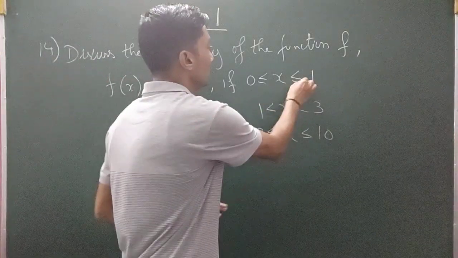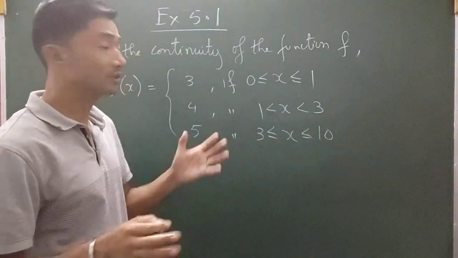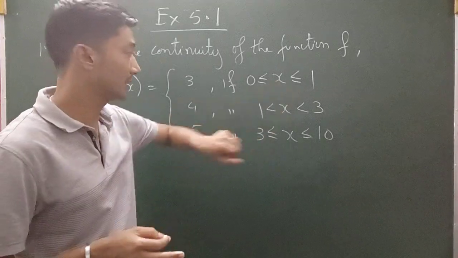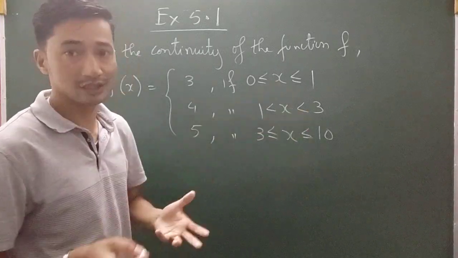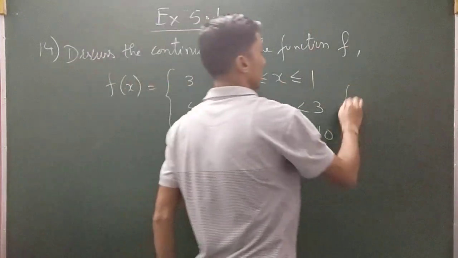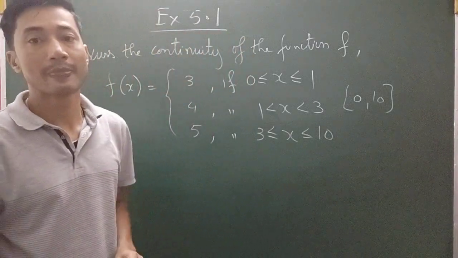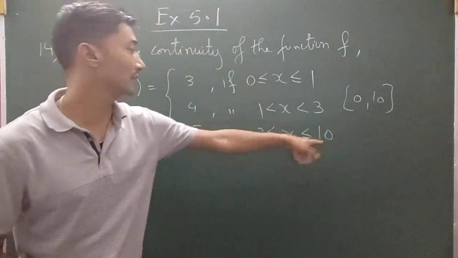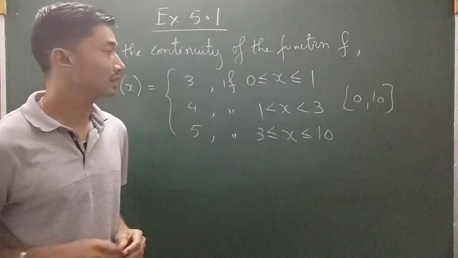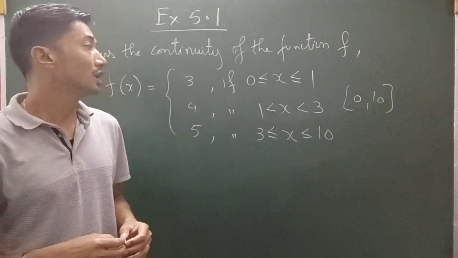Slightly greater than 1, slightly less than 1, is it going to be continuous? That we cannot say actually. What about 3? That's another point again. Our interval is between 0 and 10, so within this limit we'll have to check whether the function is continuous or not.